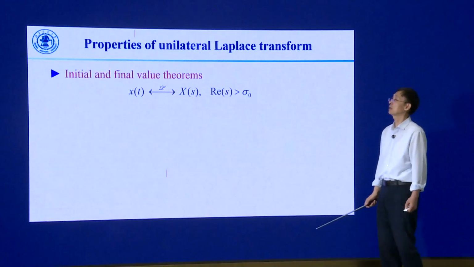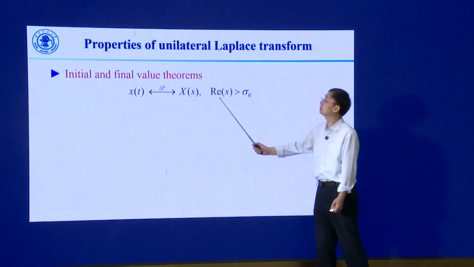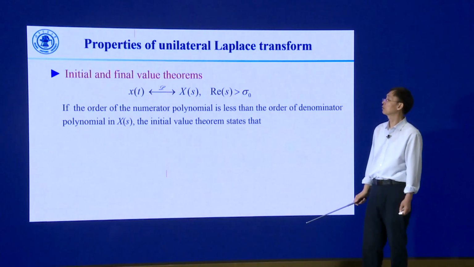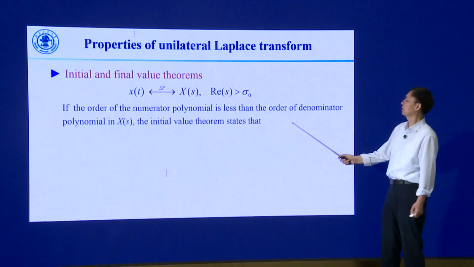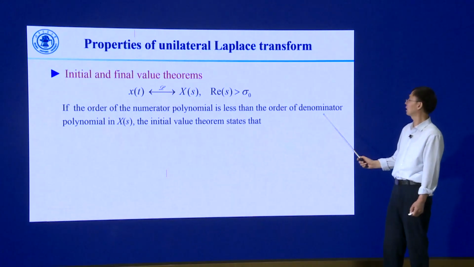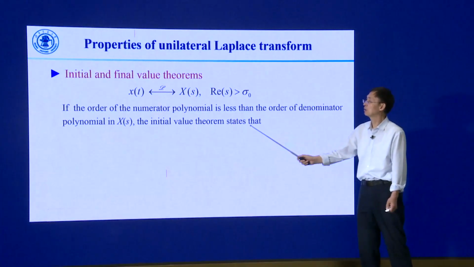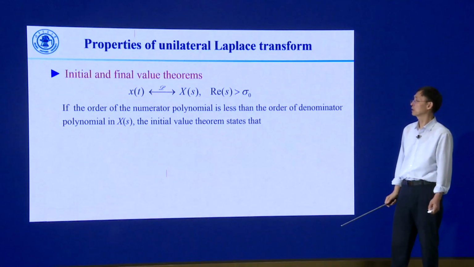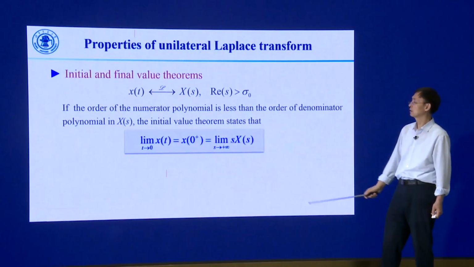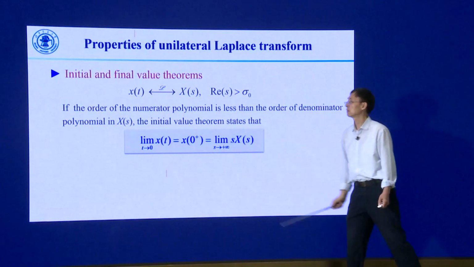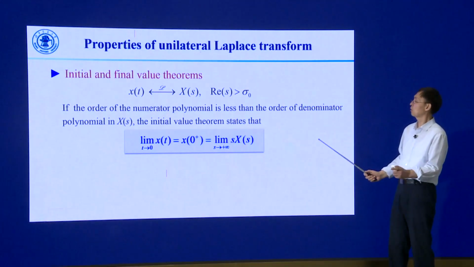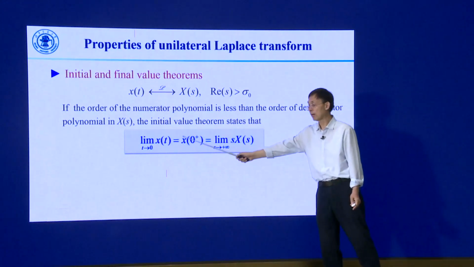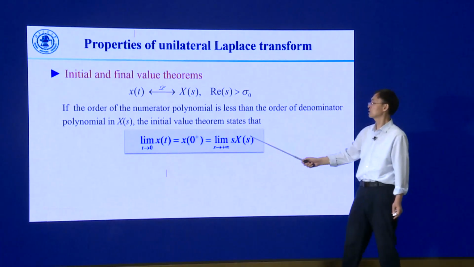Finally, are the initial and final value theorems. If the order of the numerator polynomial is less than the order of the denominator polynomial in X(s), the initial value theorem states that from this theorem, we can find the x value at t equals 0.